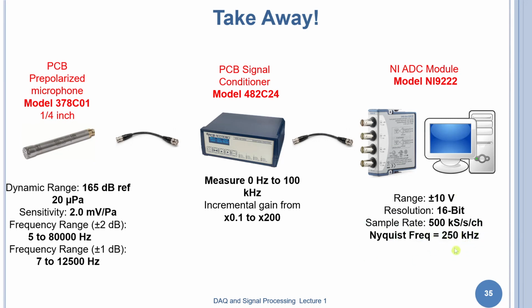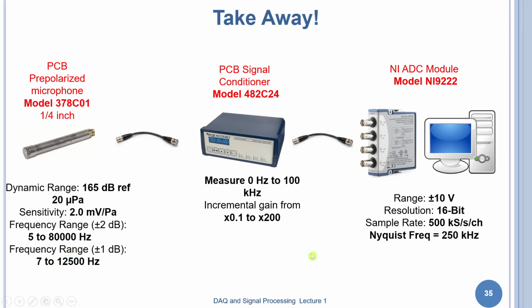Any frequency beyond 250 kilohertz cannot be measured using this ADC module. Now let's look at the signal conditioner. It clearly states that any frequency beyond 100 kilohertz it cannot measure. And here the sensor has a wide frequency range.